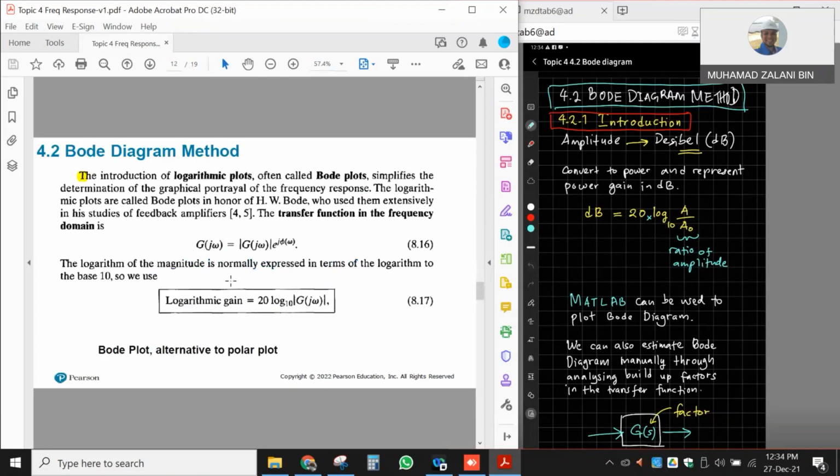You can also refer to the textbook, which covers the theoretical part about how we can represent the Bode plot on the logarithmic plot, the Bode plot on log paper.